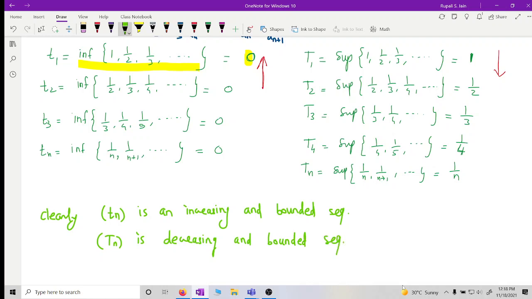So if it is increasing and bounded, what can I say? Supremum exists. For this, supremum will exist, and this is a decreasing and bounded sequence, so for this, infimum exists. So I can define supremum and infimum for these two sequences.